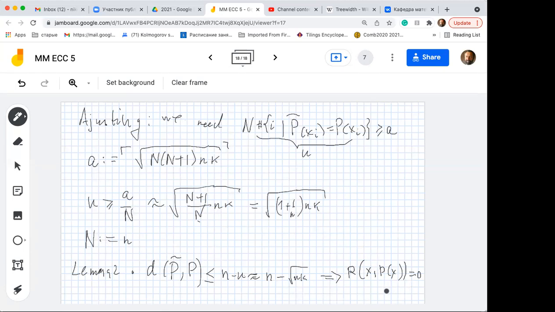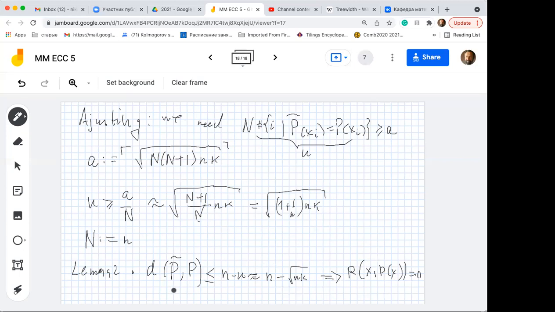So in step 2, we have proved that if the number of errors is small, then if we substitute in our polynomial r the p of x for y, we obtain just a zero polynomial.